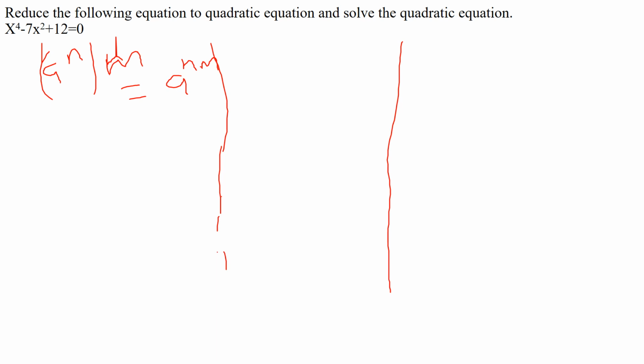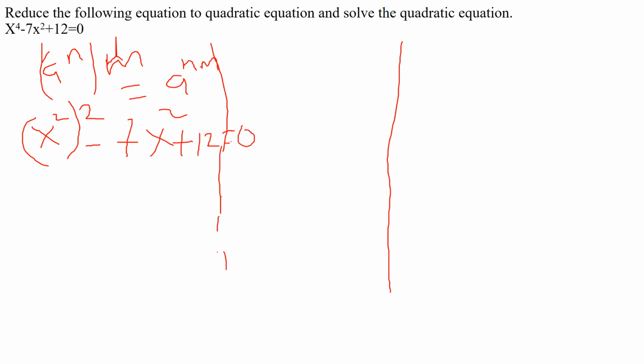If you remember, these are the laws of indices. So where I have x raised to power 4, I can split it to x squared all squared, then minus 7x squared plus 12 is equal to 0.